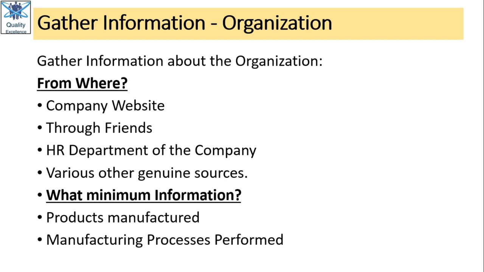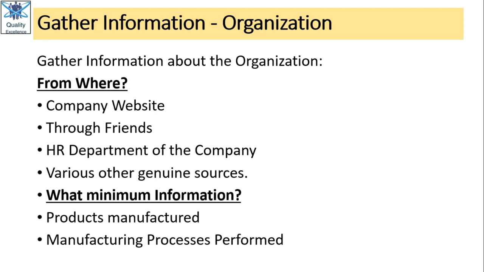Now, before appearing for an interview, you should gather information related to the organization. And how will you get the information? Through company websites, you can refer to the company website and get information related to that company. Through friends, you might have friends working there, or a friend's friend working there.